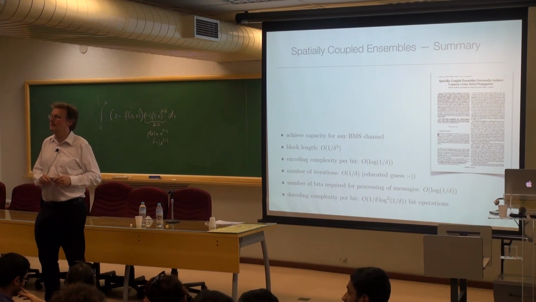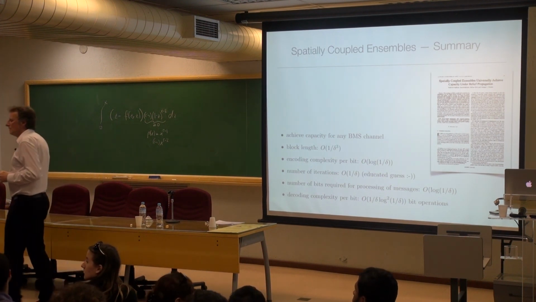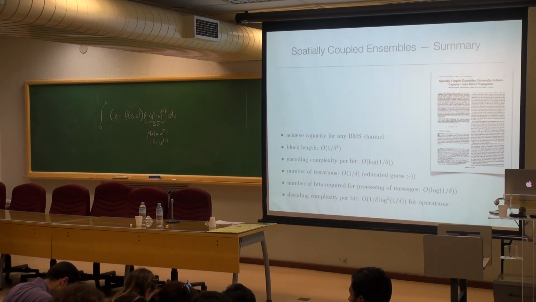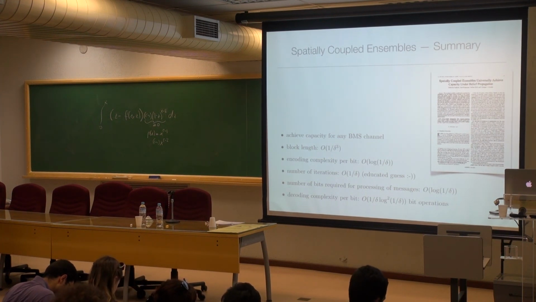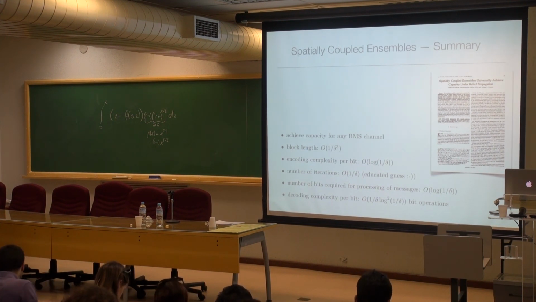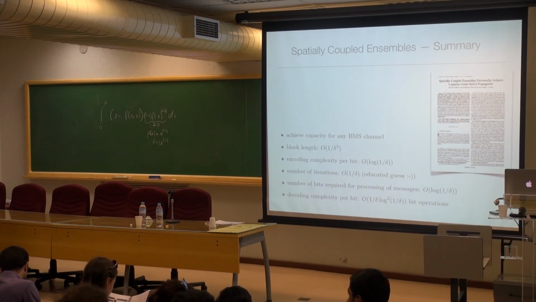Yes, Chandra. Is there some way to get the rate from the potential function? You get the BP threshold and the MAP threshold from the potential functions. From the curve you could get the BP threshold and the MAP threshold. Is there some way to get the rate? Can you get the rate of the code from looking at just the curve?